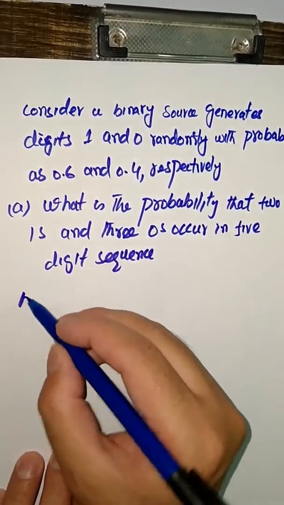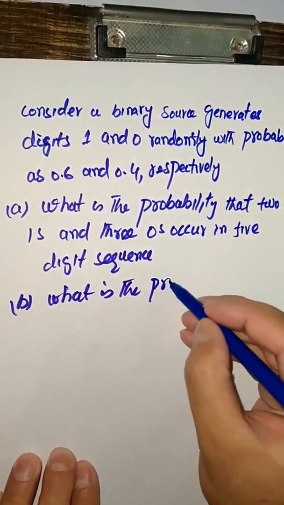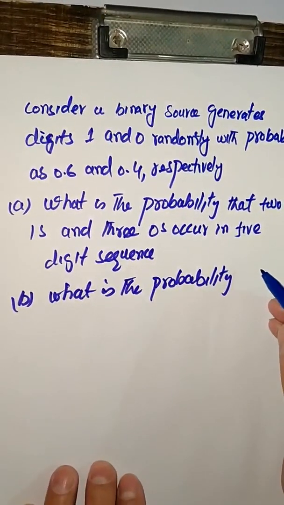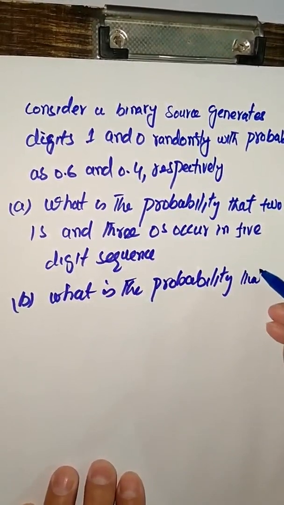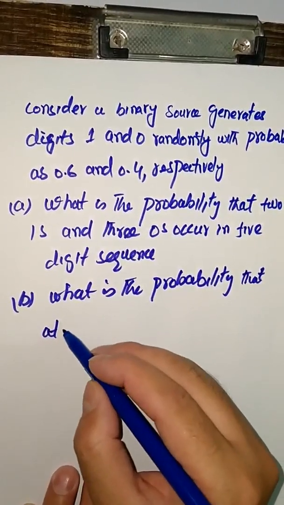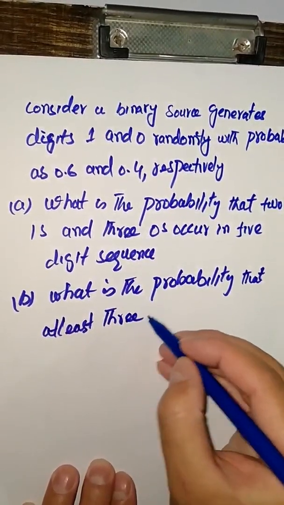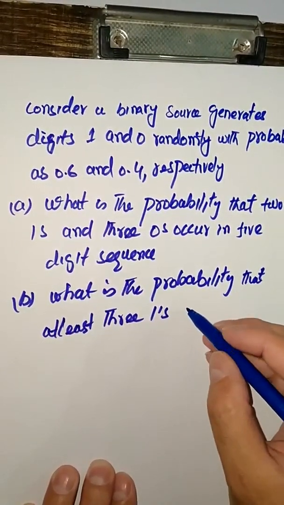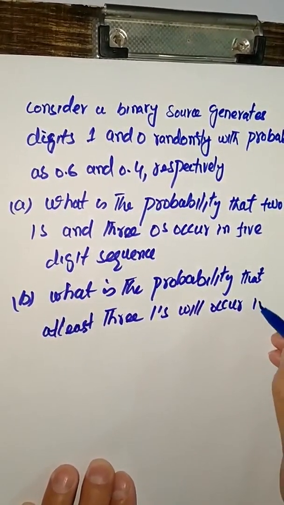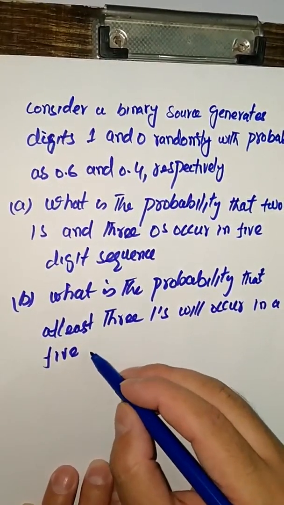In B part, what is the probability that at least three ones will occur in a 5-digit sequence.